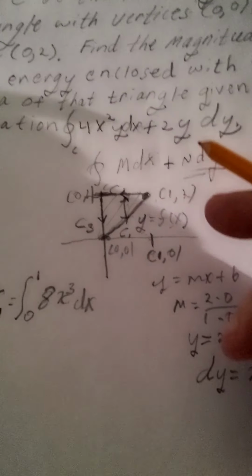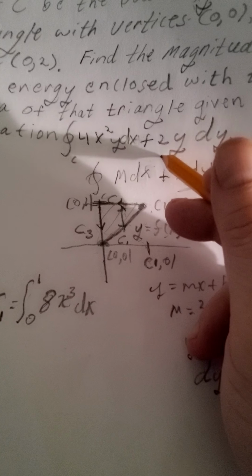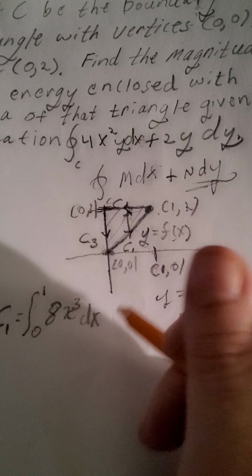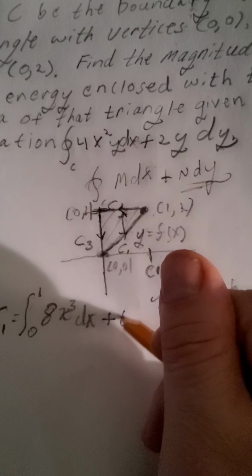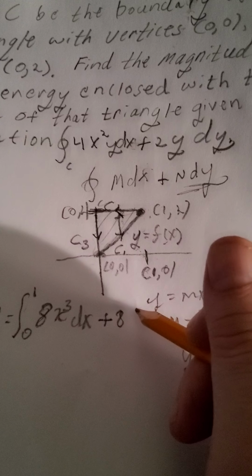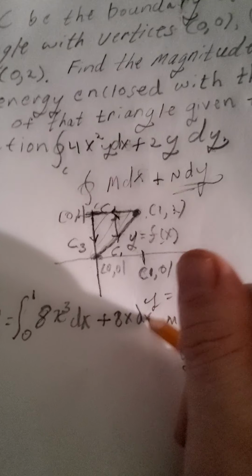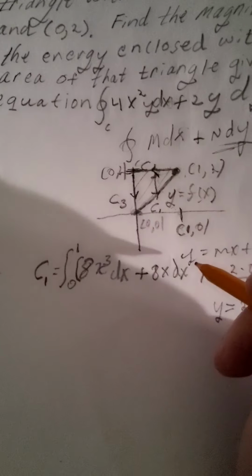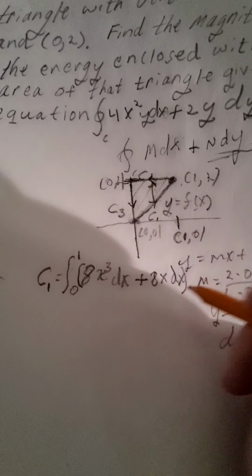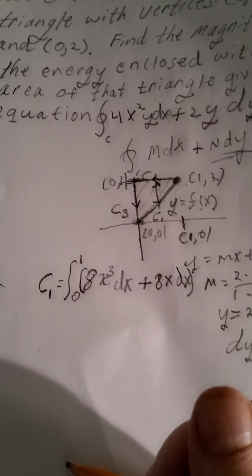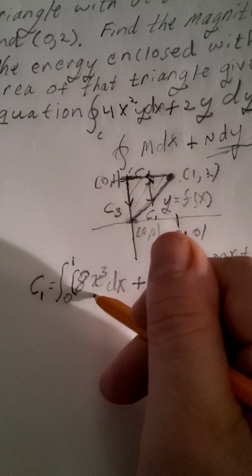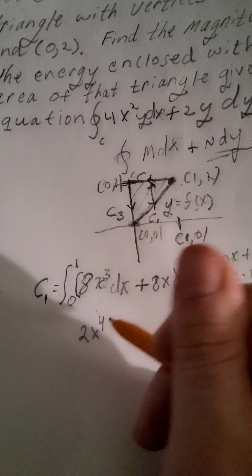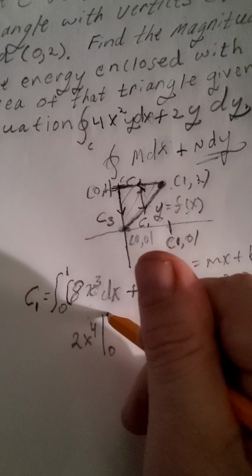And then I plug in for y here, 2x: 2x times 2 is 4, and dy equals 2 dx, so that's 8. So I'm going to get a plus 8x dx. Now I have everything in terms of x, and really what this means is it's like a distributive property of the integral. That's the way I look at it. So anyway, when I integrate this, x to the 4th over 4 is just going to give 2x to the 4th, evaluated at 1 and 0.